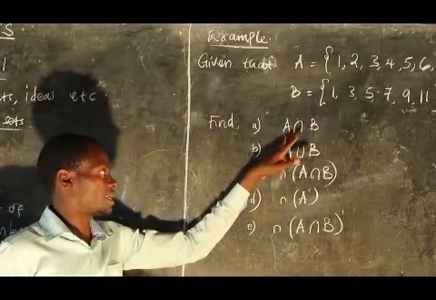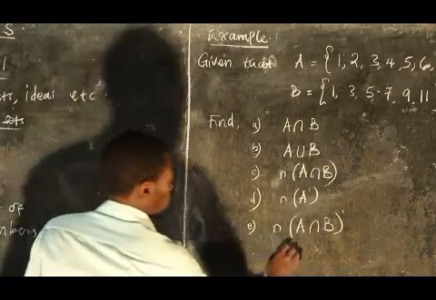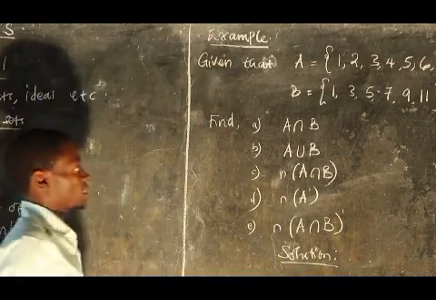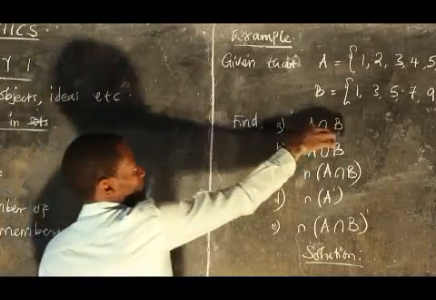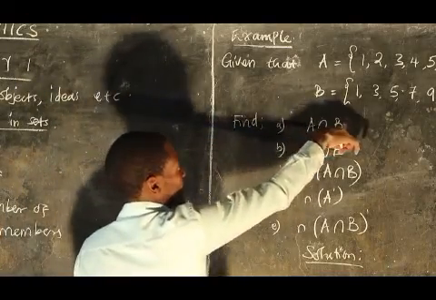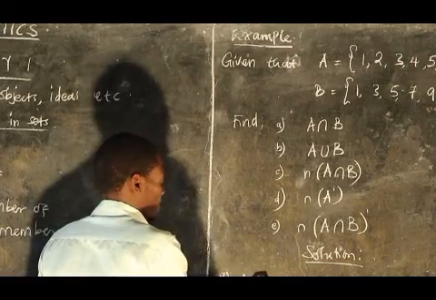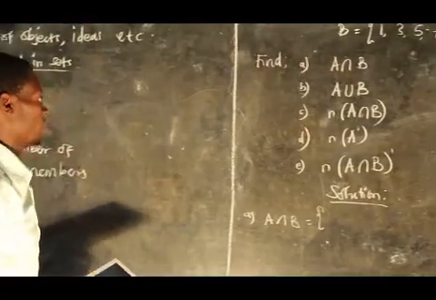We read this one, set A intersection set B. Now if we want to carry out our solution, we say that set A intersection set B, we look for those ones which are in set A and in set B. So we say part A, set A intersection B is going to be, we open the set as we said.